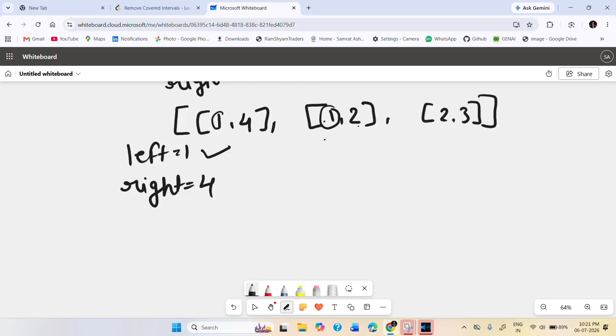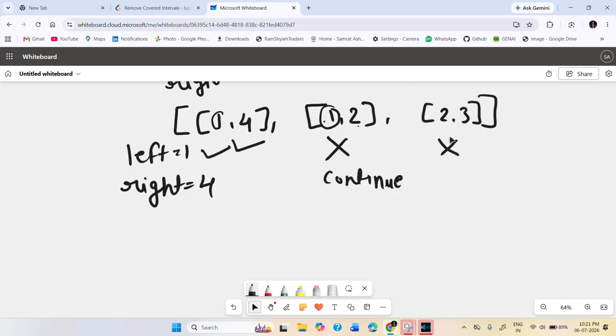So this one is covered, and we will not consider it; we will continue. The next value is 2 comma 3. 2 is greater than or equal to 1, true, and 3 is less than or equal to 4, true. So this is also covered and we will not consider it. So our answer will be 1. I hope you got my point.